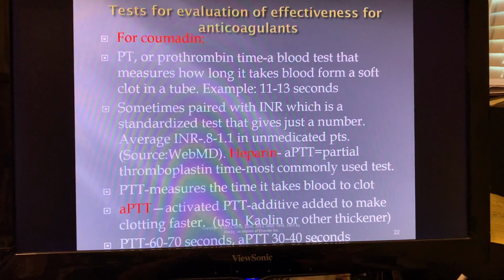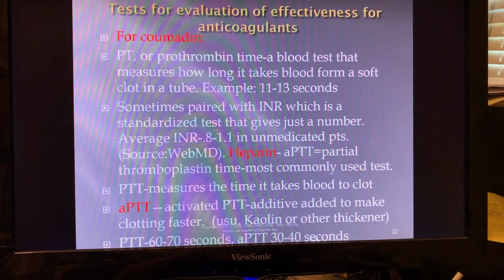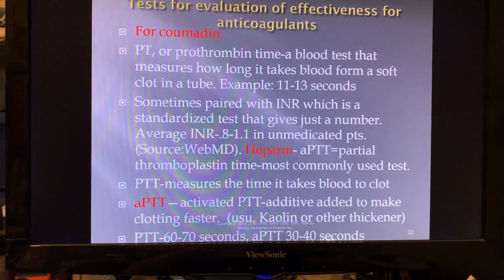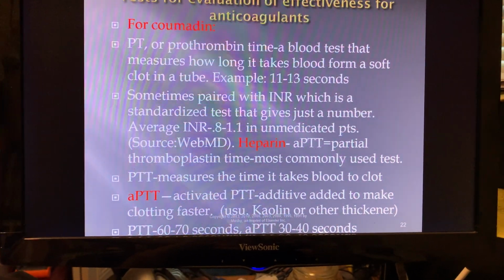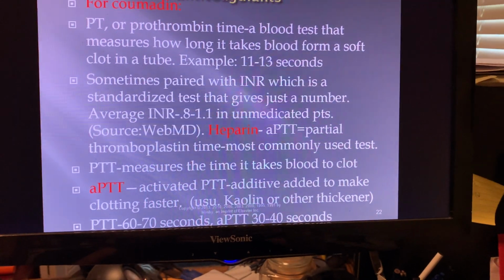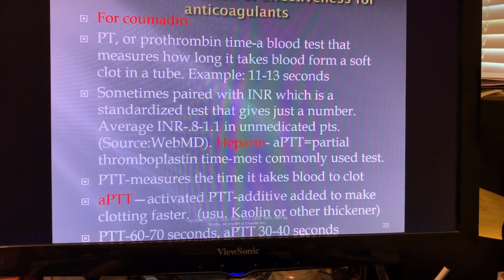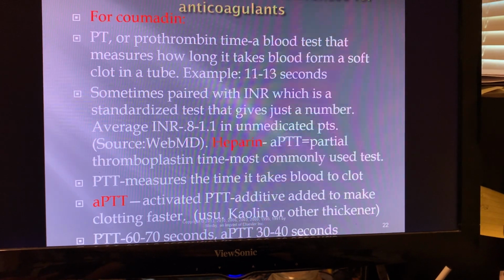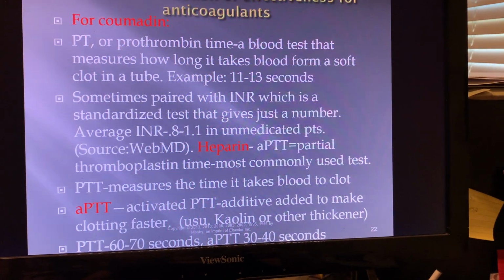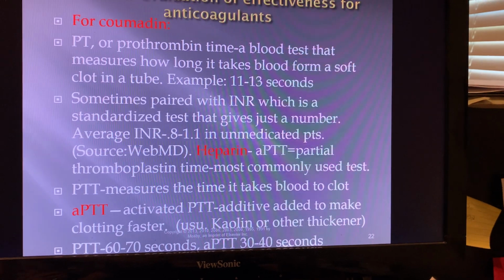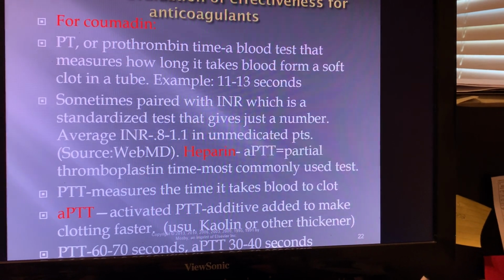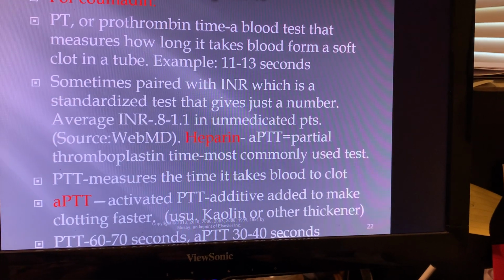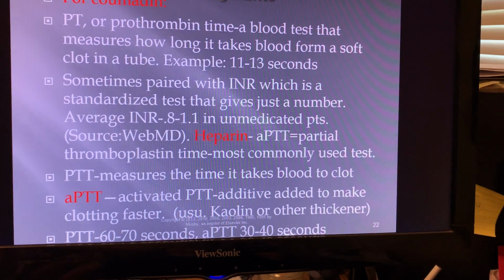Now, nobody wants to sit around for a minute waiting for blood to clot up when you can add something to it and cut that time in half. So usually what scientists have done is put an additive in the PTT tube, and that makes the blood clot faster. And it's usually a substance called kaolin or some other thickener. Kaolin is a type of clay that is a lot of times used in laboratory settings as a thickener.